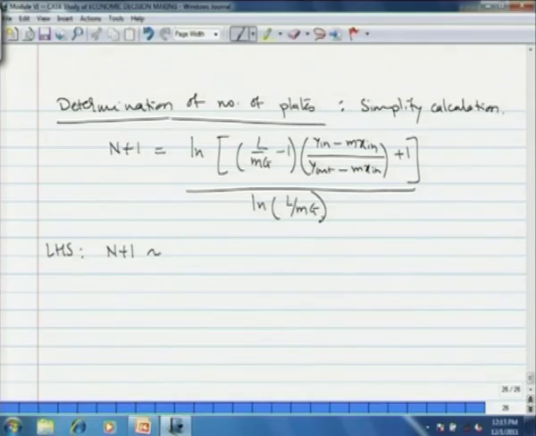It will be a difference of only a few percent. Therefore, we can approximate n plus 1 as n. The basis for this is the cost similarity.